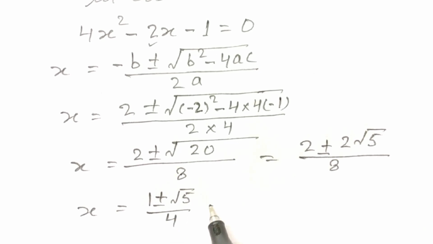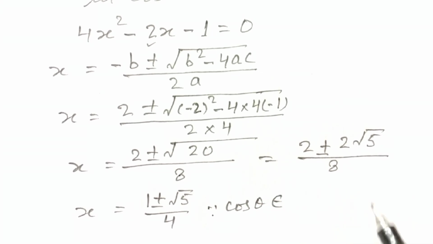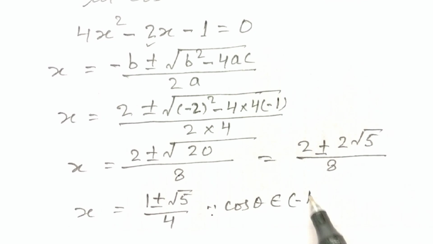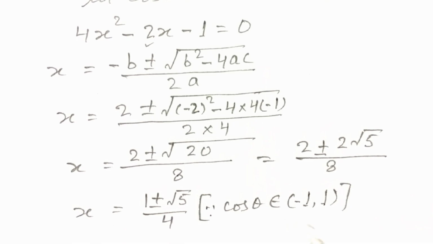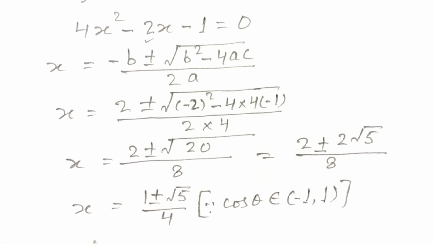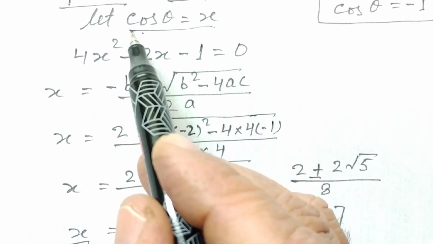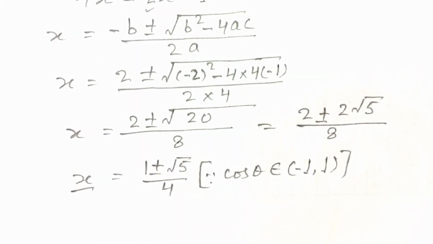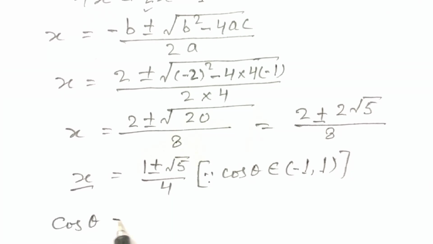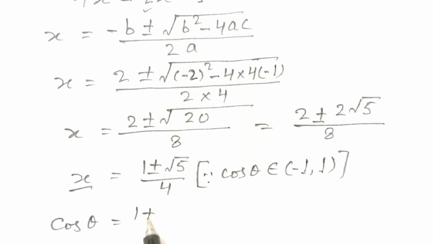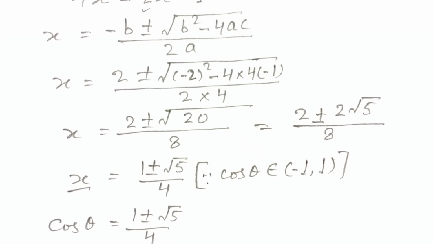Right. Because cos theta belongs to minus 1 to plus 1. Right. So this cos theta is equal to x. Right. So we can write cos theta is equal to 1 plus minus square root of 5 over 4. Right.